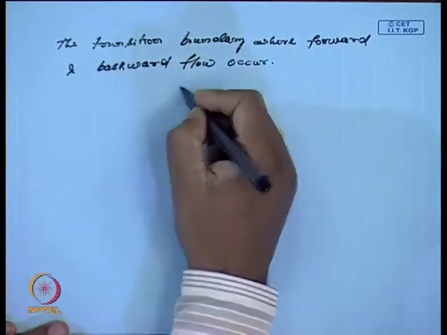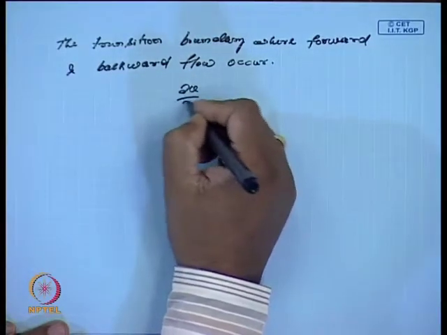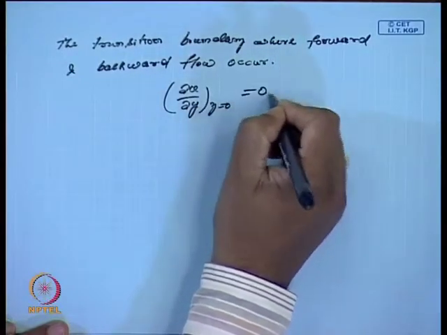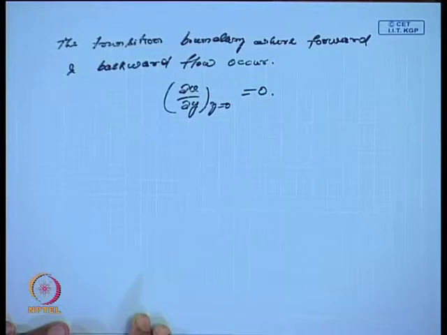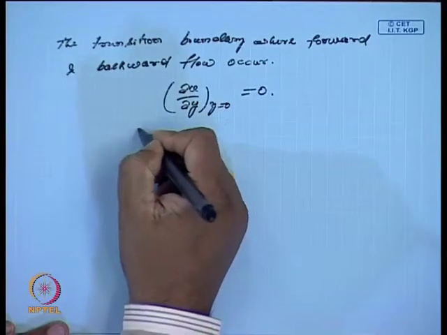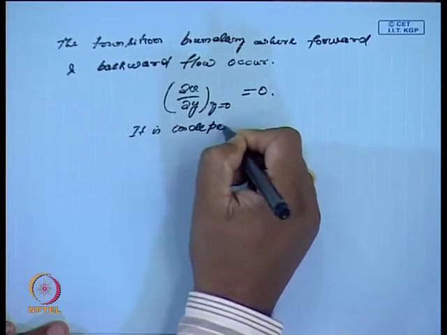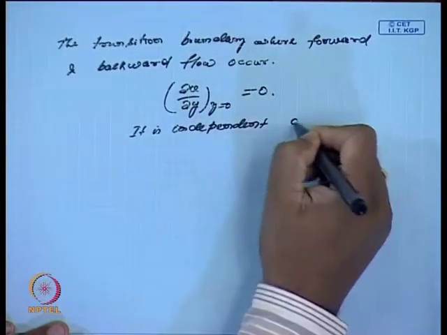And as usual, here local shear stress will be 0, so del u by del y is 0, and in fact, it can be easily seen that the separation point is independent of Reynolds number.